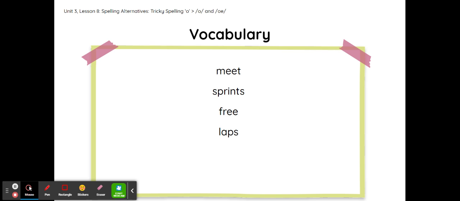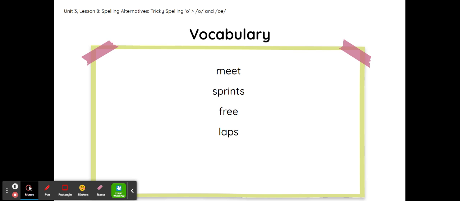The vocabulary words you will come across in this book are meet. Meet is an event where athletes compete against each other. For example, our school hosted a swim meet with another local high school. Sprints, that's short distances in which speed is the main goal. I like to run sprints because I'm very fast over short distances.